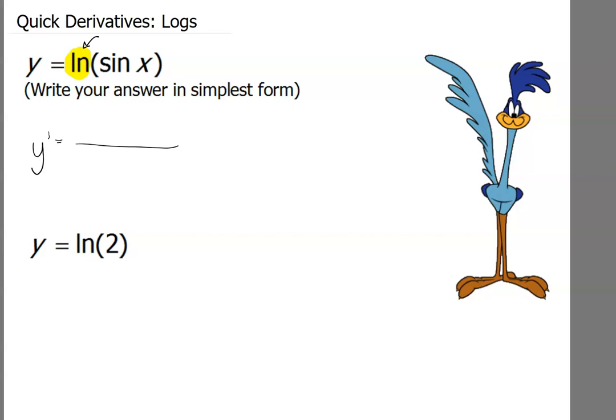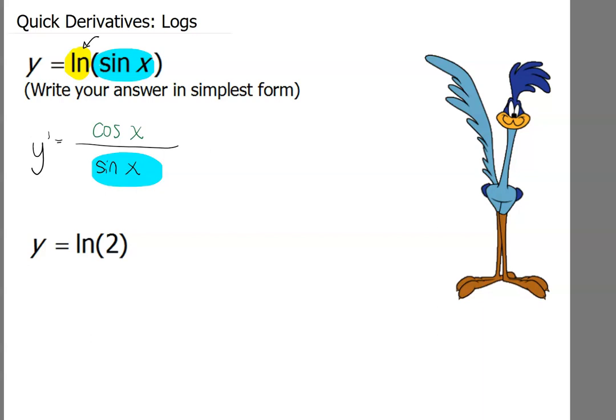So all I'm going to do within my answer is where I have sine of x, that's going to move into the denominator. That's the u in my formula. And then the derivative of sine of x, which is cosine x, shows up in the numerator as the fixer piece. That's it. This is literally your u prime over u in the formula.